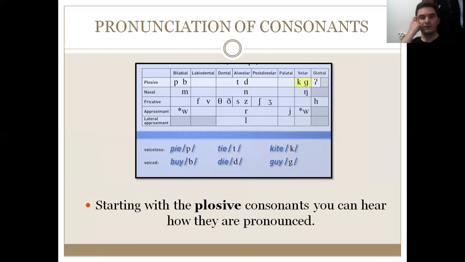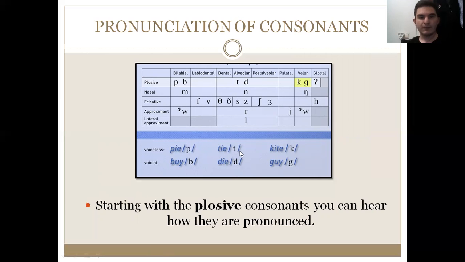Starting with the plosive, what happens in your mouth is that the air flows through your mouth and your mouth gets closed and it suddenly opens up, like p, as you can see from here, p. It closes and it opens in an instant.